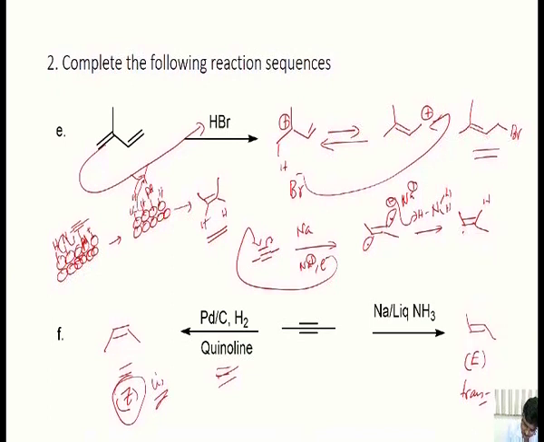Therefore, it can take a proton from this solvent to form this vinyl radical. This radical can react with another sodium to form an anion.